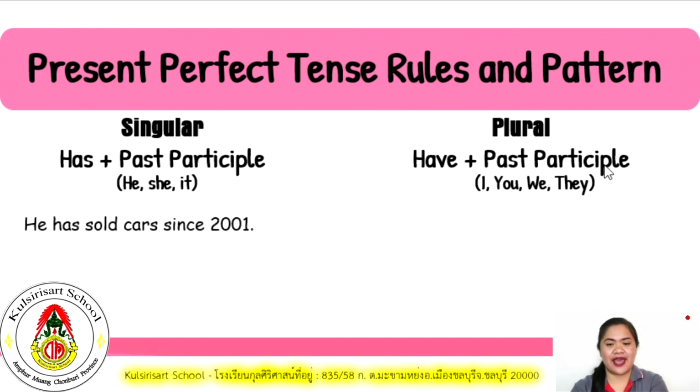Let's have an example for the has. He has sold cars since 2001. As you can see, we use has plus the past participle of the word sell, which is has sold.